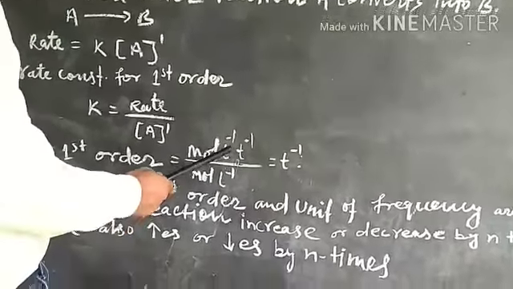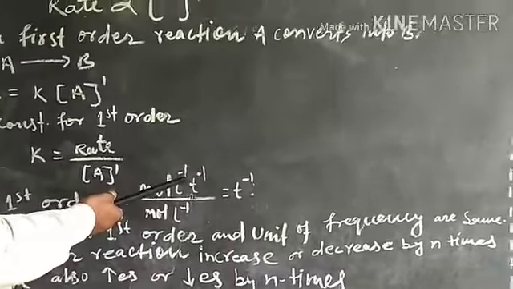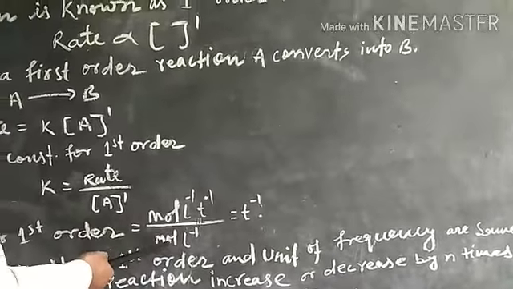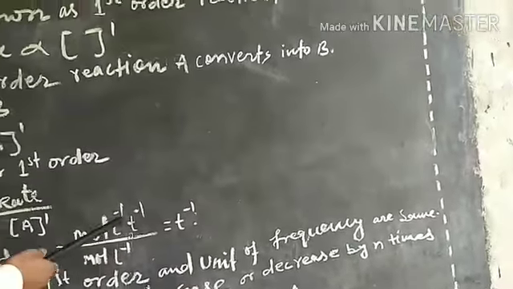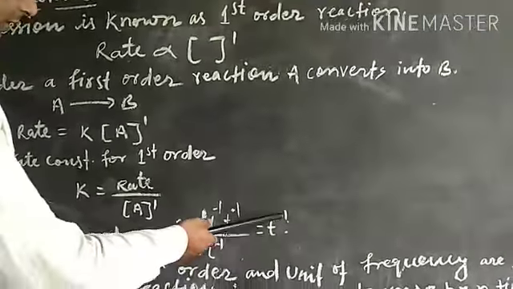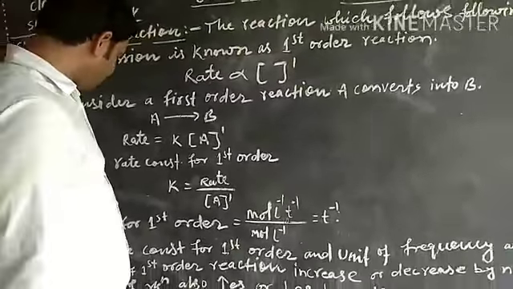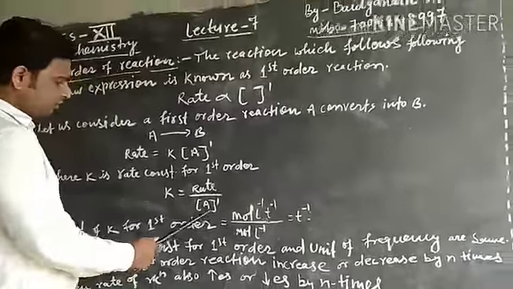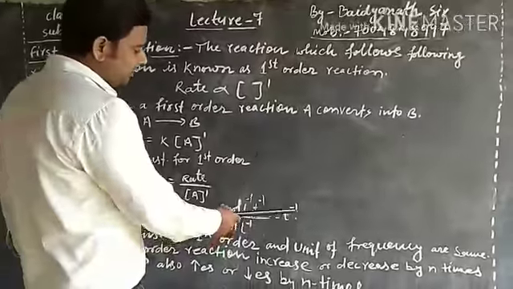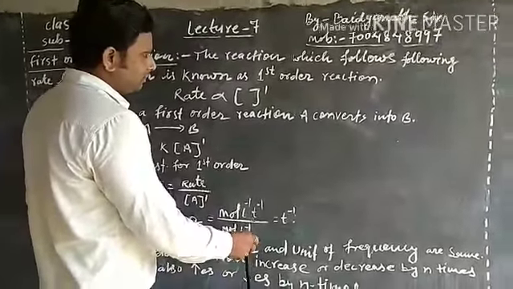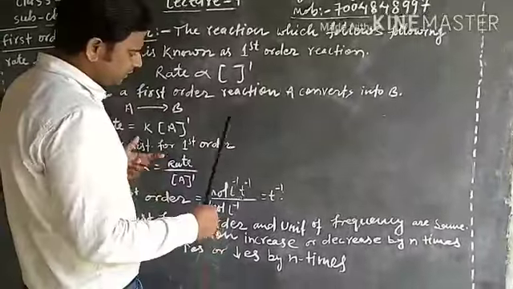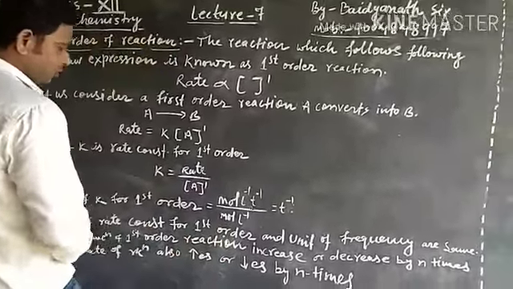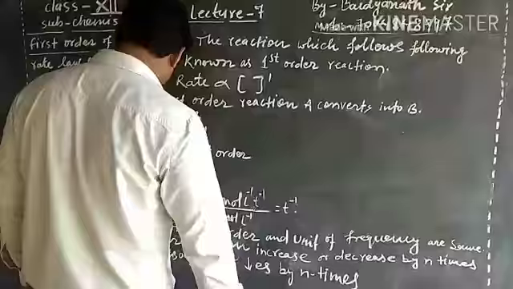So mole per liter in numerator and denominator cancel, leaving t inverse. So the unit of rate constant for first order reaction is time inverse, meaning second inverse.